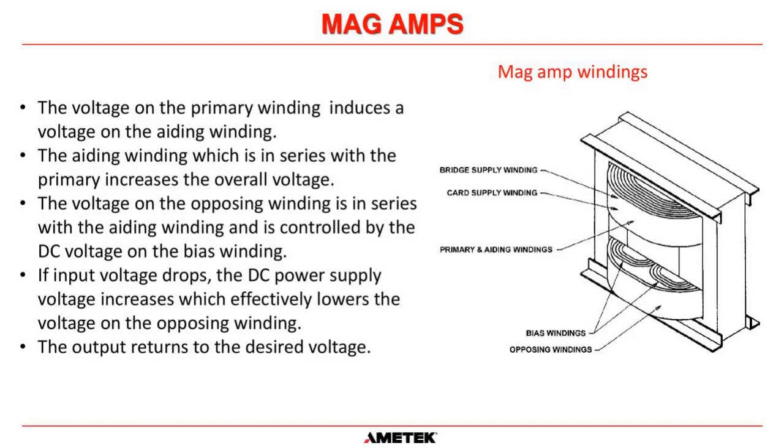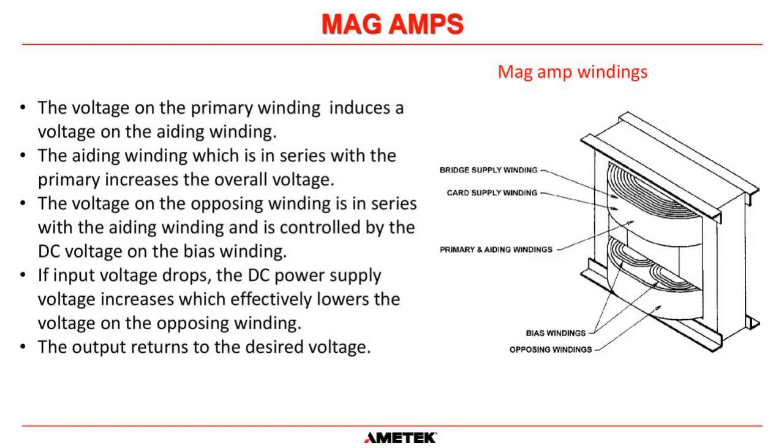So how this thing works, the voltage in the primary winding induces a voltage on the series aiding winding. The output voltage of the aiding winding is then greater than the overall input voltage. The voltage on the opposing winding that is induced from the primary is in series with the aiding winding, and is controlled by a DC voltage on the bias winding.